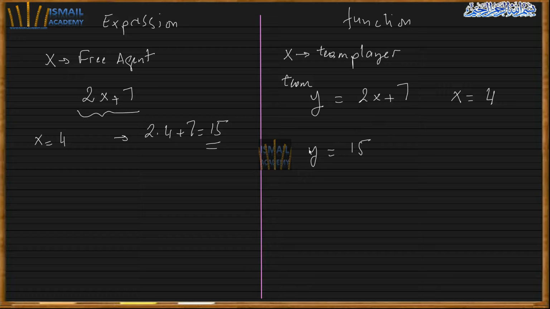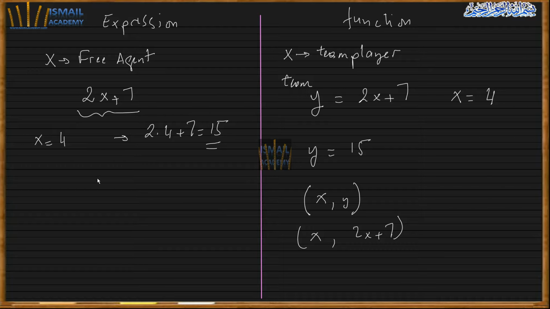That means y is the output of the input of x. So this is why we sometimes write a function in this format, x, y. All we do with this format, x, 2x plus 7, is name the y by the output. So that means the input and the output.